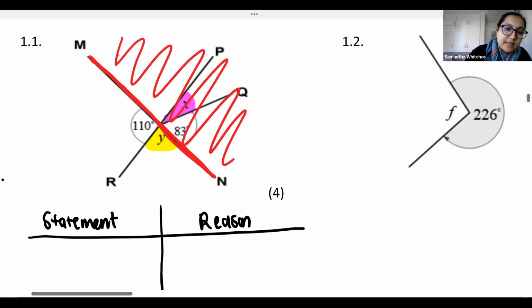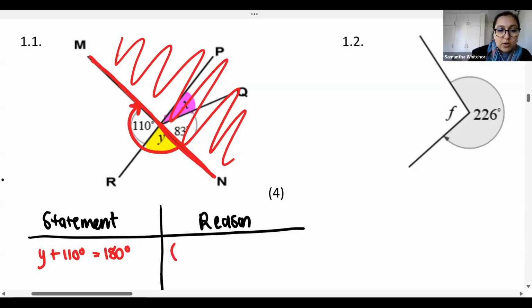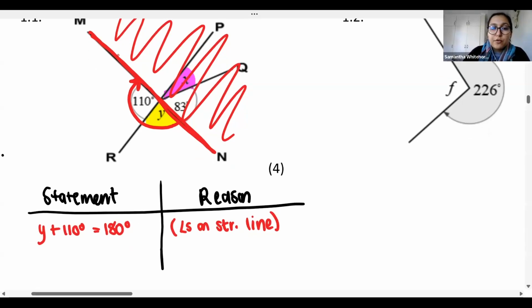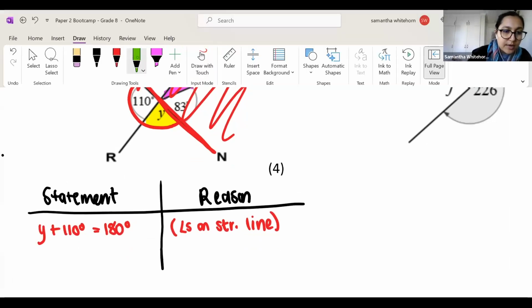What we see is that we have got angles on a straight line because we have that straight line MN. And we know that if we say Y plus 110 degrees, I have to get 180. Because as Hugo said, the reason is always as important as your answer. Our reason: angles on a straight line. And because I know that fact is always true, as Hugo said there in the chat, we can now go and solve for Y. So according to the rules of equations, we use inverse operations.